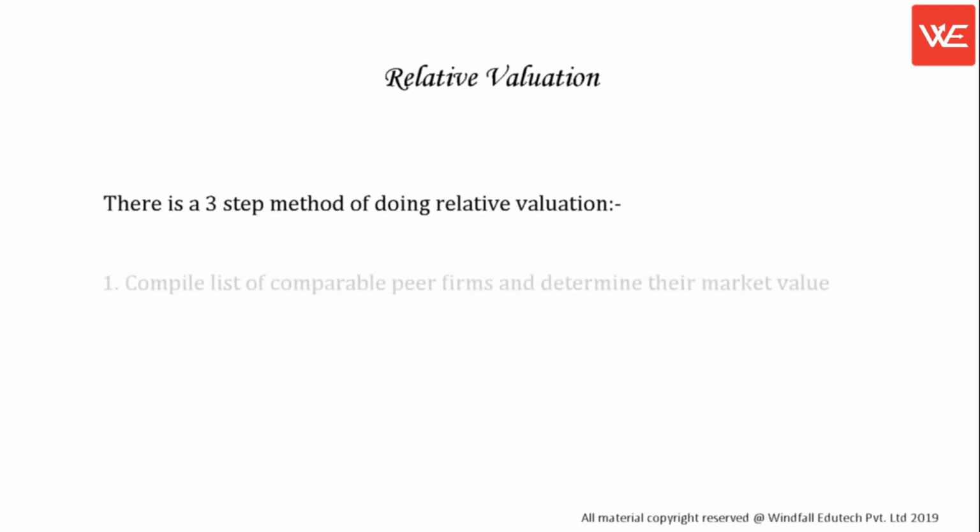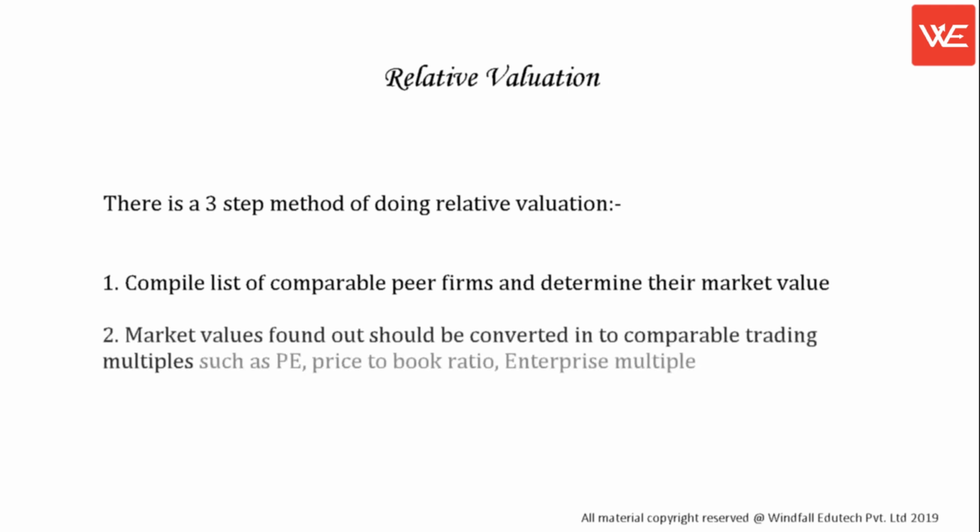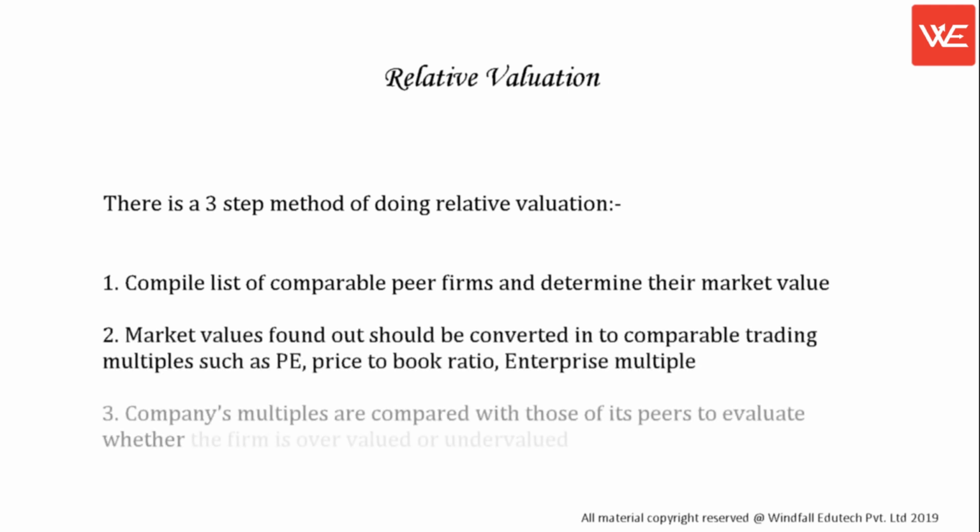First, compile a list of comparable peer firms and determine their market value. Second, the market values found should be converted into comparable trading multiples such as PE, price-to-book ratio, and enterprise multiple. Third, the company's multiples are compared with those of its peers to evaluate whether the firm is overvalued or undervalued.